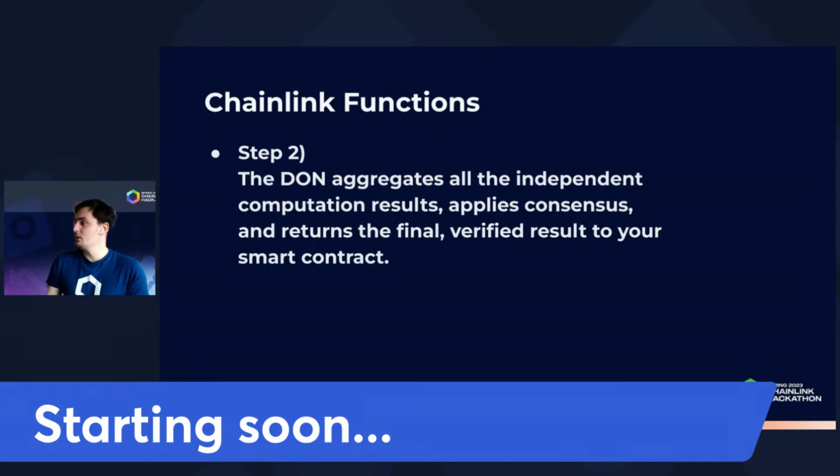I'll show you the signature for it. It's fulfillRequest. Basically, it will be an internal function, meaning that only the DON will be able to call it. And inside that function, you will need to put the actual computation or logic, or whatever you want to do with the callback result from the DON.